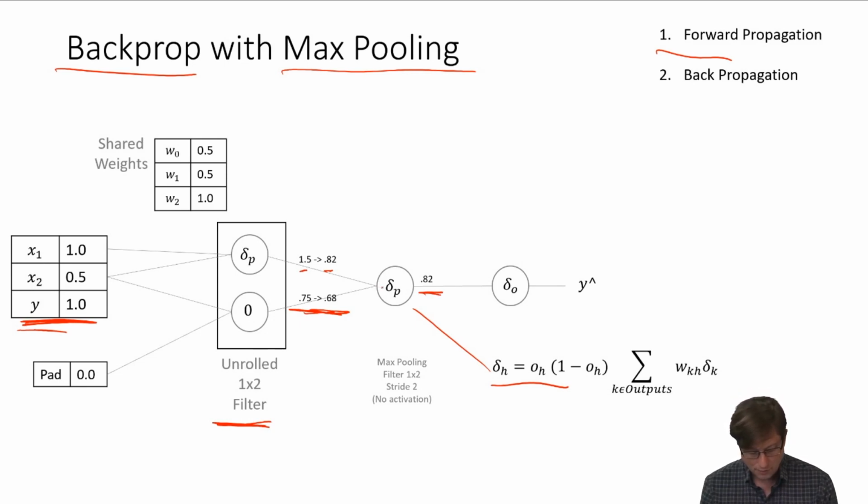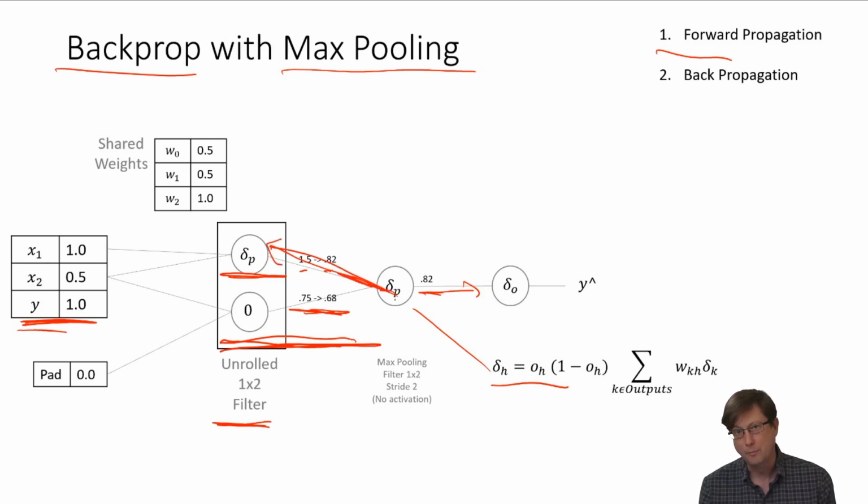All the error goes through the copy of the filter that produced the output that you propagated further into the network. And that means that you percolate zero error through this, and essentially you multiply the error that was produced here by a 1 to figure out how to propagate that back through the branch of the max pooling that was active and propagated further into the network.